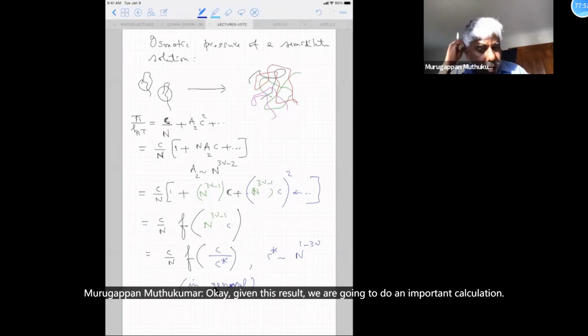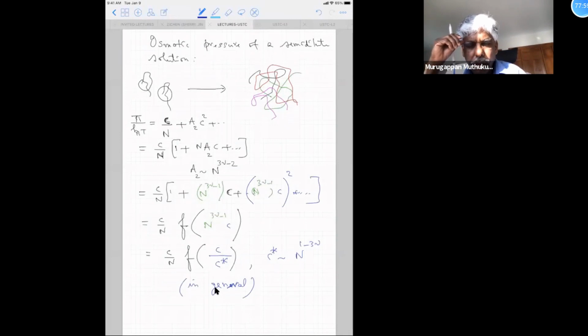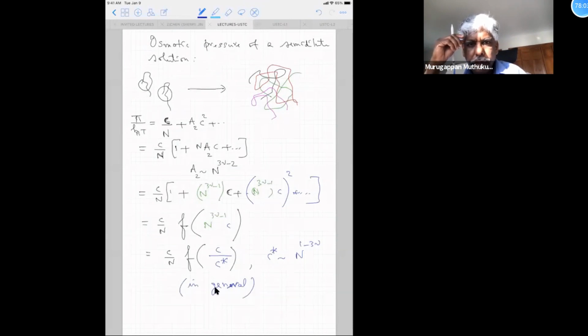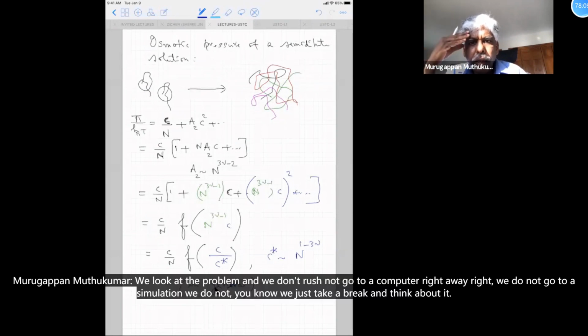Given this result, we are going to do a very important calculation. We look at the problem and we don't rush. We do not go to a computer right away, we do not go to a simulation.